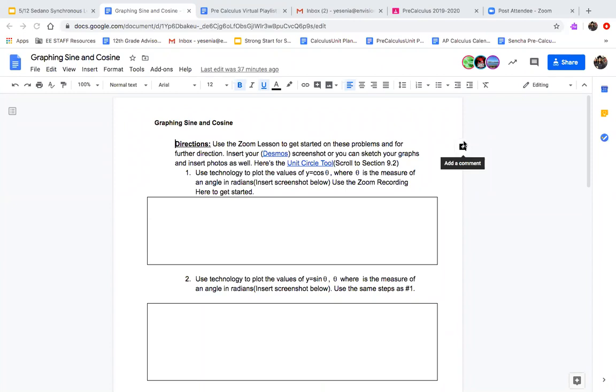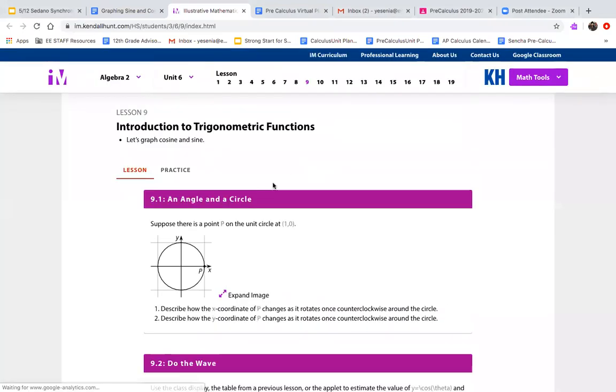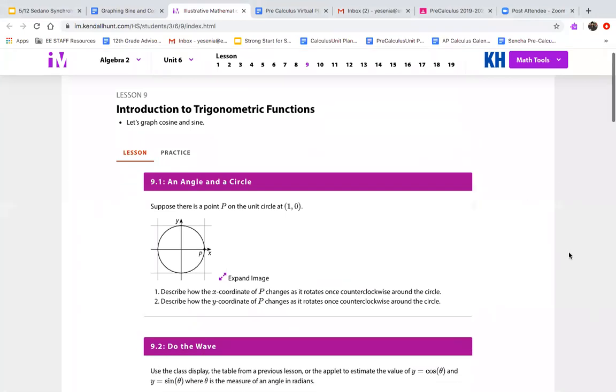So this is what we're going to do. You're going to have to use Desmos. You're going to be inserting some screenshots. But before you hit Desmos, you have to use this unit circle tool. So I'm going to go ahead and click the unit circle tool. It's going to take you to this site. But what you want to do is ignore this part and scroll down until it says 9.2, do the wave.